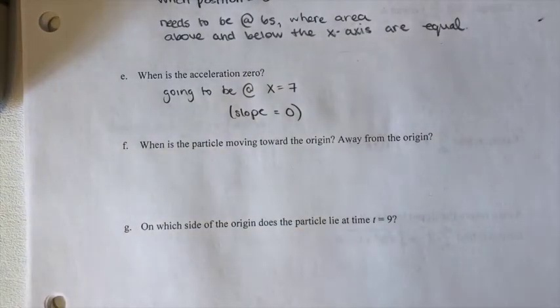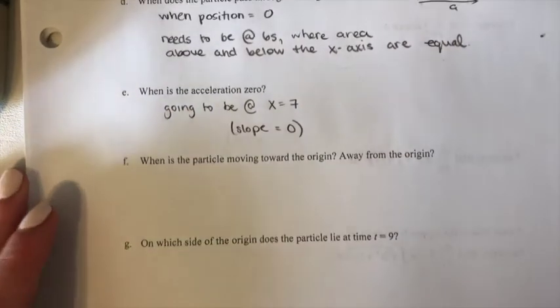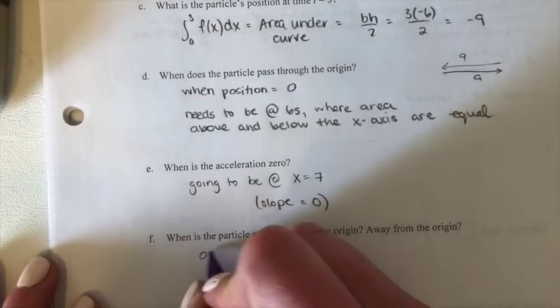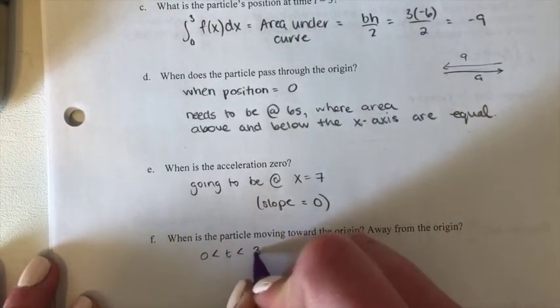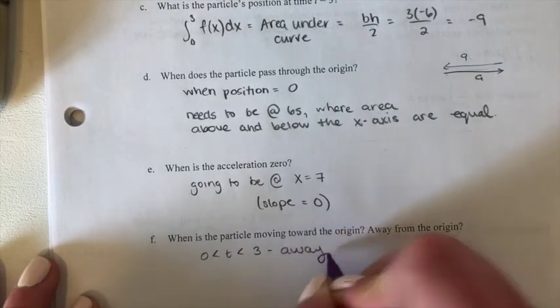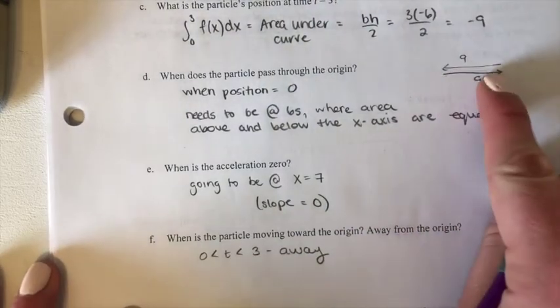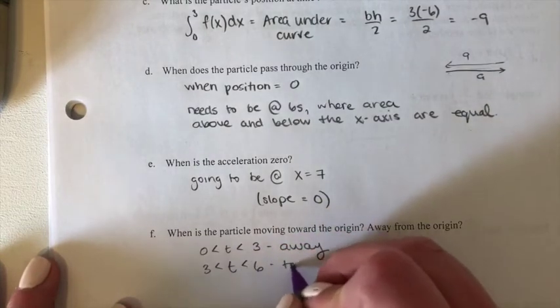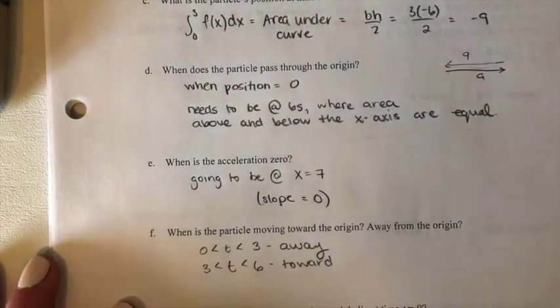When is the particle moving towards the origin or away from the origin? Okay, if we think about part D here, in the first 3 seconds it's moving away from the origin. So between 0 and 3 seconds, it's moving away from the origin. In the next 3 seconds, it's moving towards the origin.